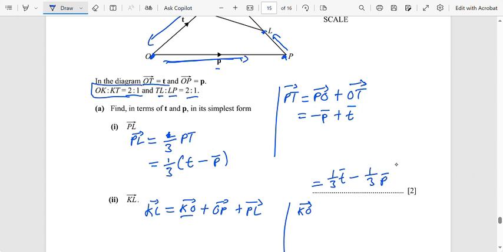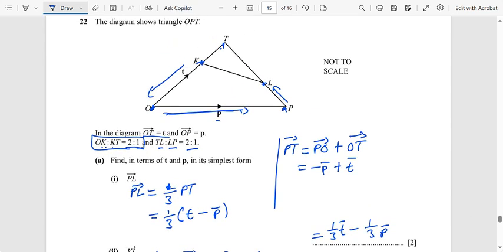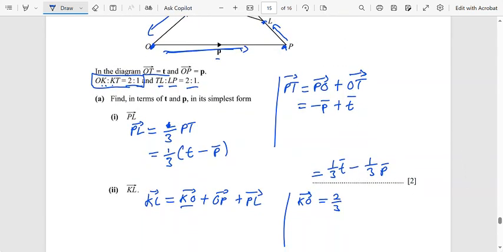I'm going to take this property that from O to K, OK is to KT is 2 is to 1. So KO has to be 2 over 3 because the part from K to O is bigger than the part from T to K. So that's 2/3 of vector TO.